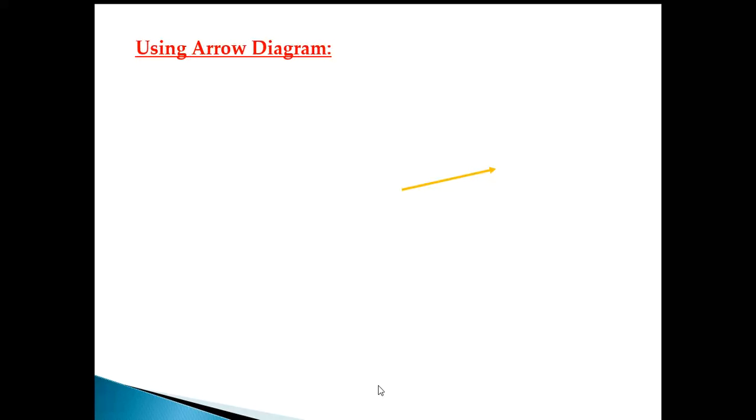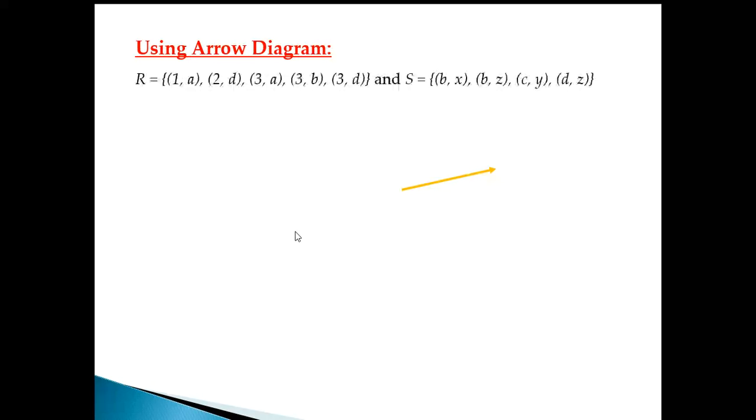Now another way is by using an arrow diagram. How can we represent the composition? Here I think you can clearly see how we calculate R∘S. We have the same last example, with the R relation and the S relation.